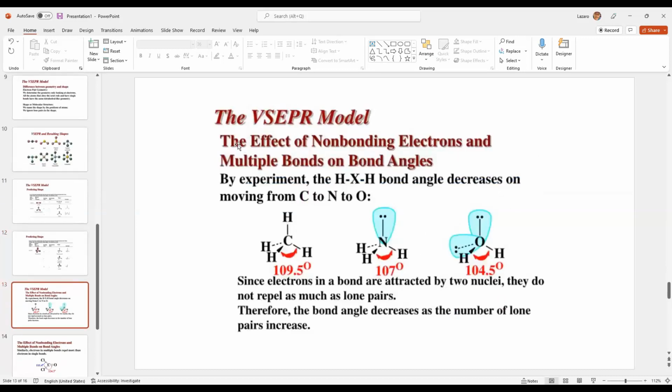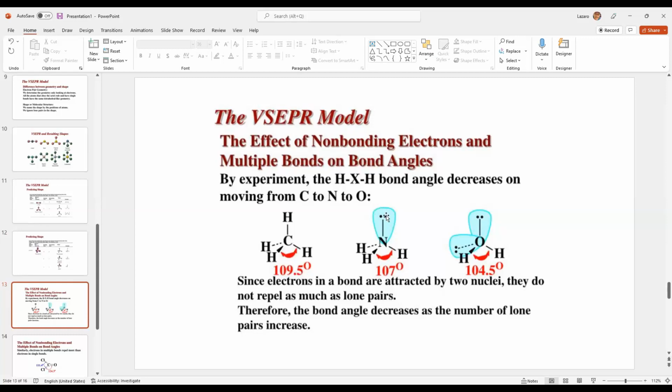Then, what is the effect of non-bonding electrons on bond angles? Well, look at this. In this case, all the bonds are single, so it is tetrahedral, and this is the angle for a tetrahedral.